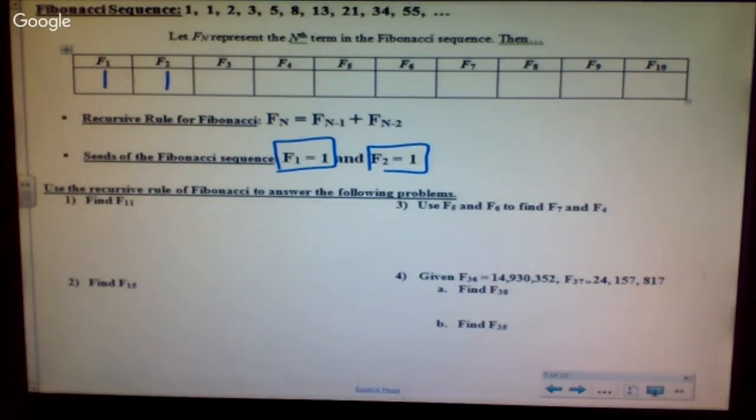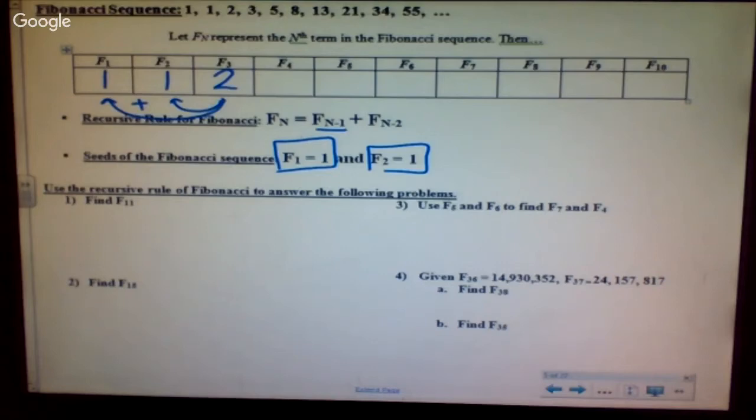To get this, it says I need to go back 1, plus I also need to go back 2 and add these 2 numbers together. So 1 plus 1 gives me 2. So the third number in the sequence is a 2.